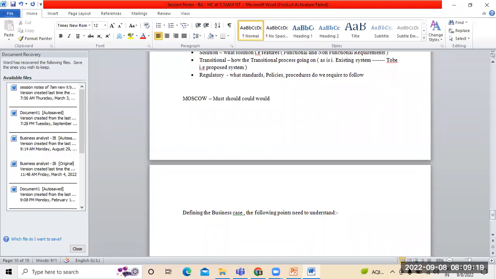So these following points we need to understand if you want to define the business case for any project. The first point we need to understand here is that you need to define or understand the business situation. Understand the business situation is the first one. Second, problems in that situation.